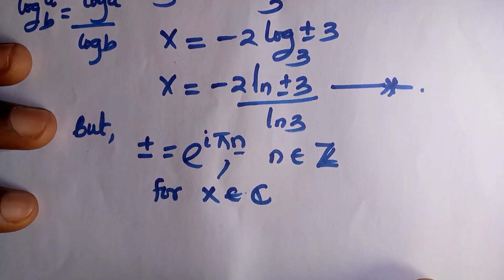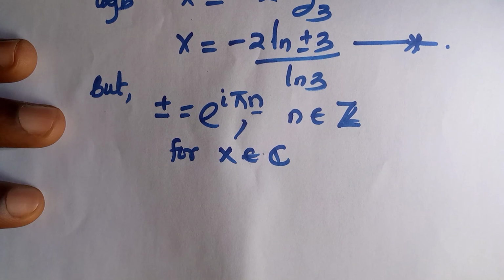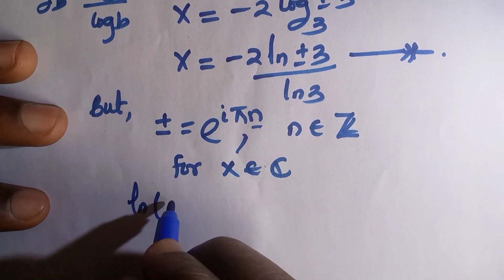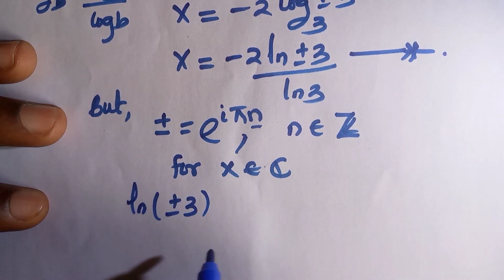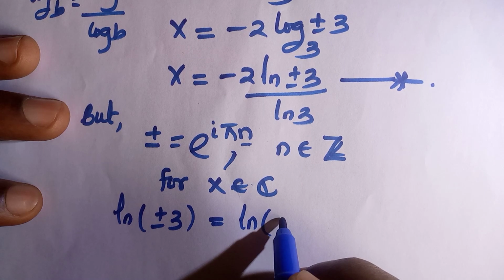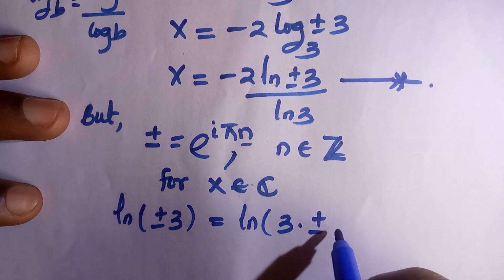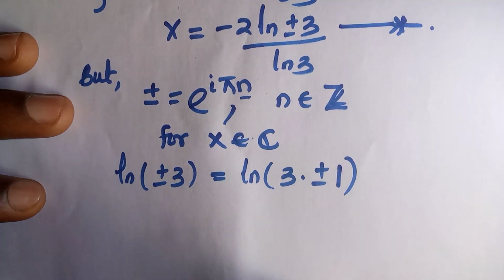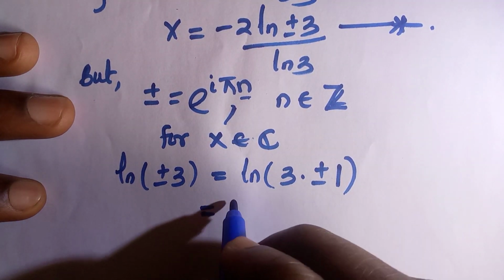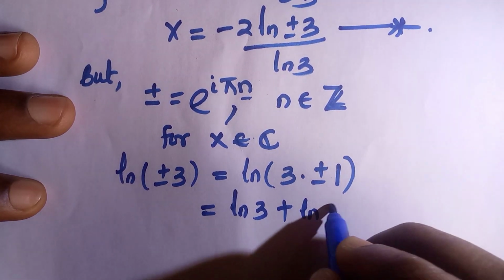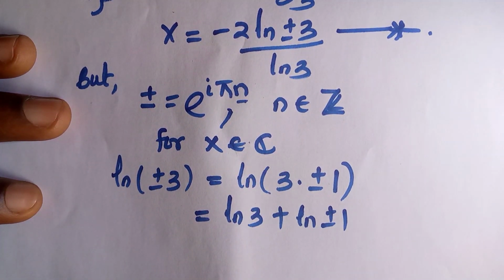Then, as we know these two conditions, we have ln of plus or minus 3, which can also be written as ln of 3 times plus or minus 1. And by applying the rules, we have separation of this as ln 3 plus ln of plus or minus 1.